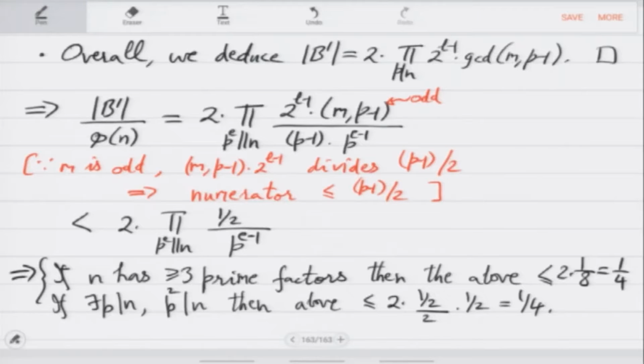So the only case in which this exceeds 1 by 4 is, suppose n is equal to p times q for distinct primes.